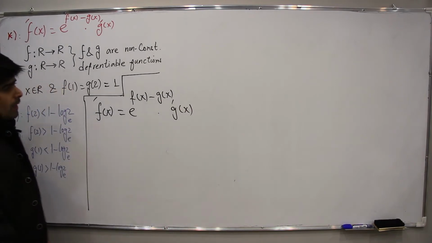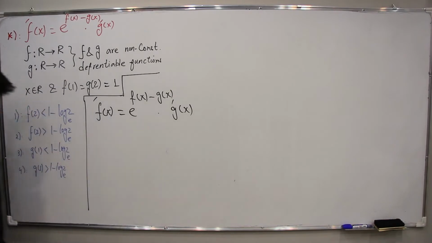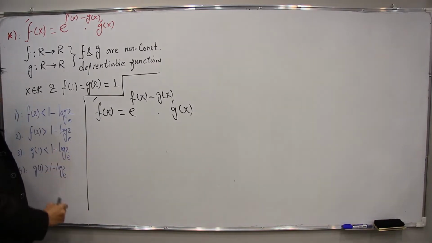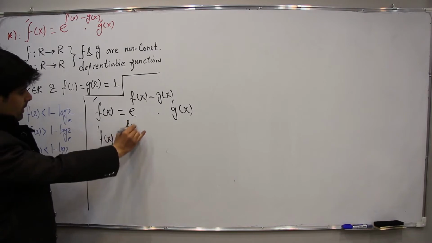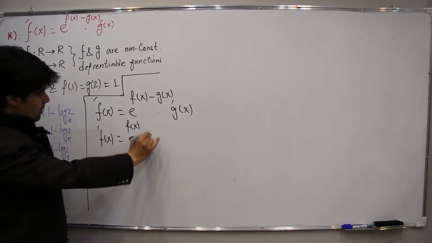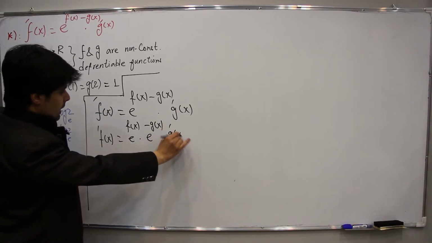First of all, I will separate this power. Why? Because in the answer sheet we have f and g individually, not in a combination. It means f'(x) = e^(f(x)) times e^(-g(x)) times g'(x).